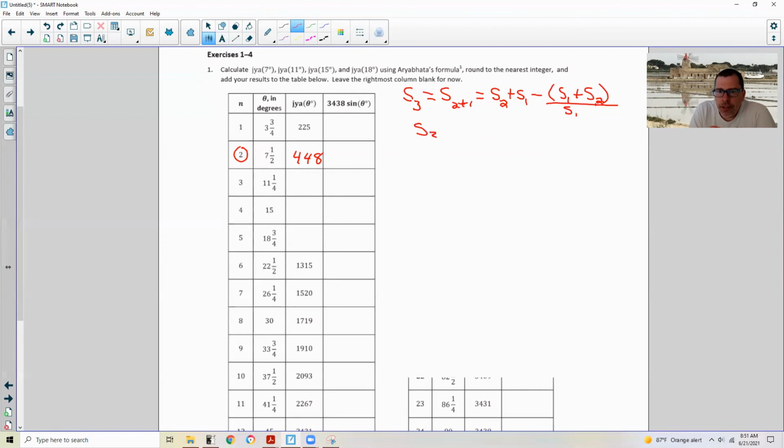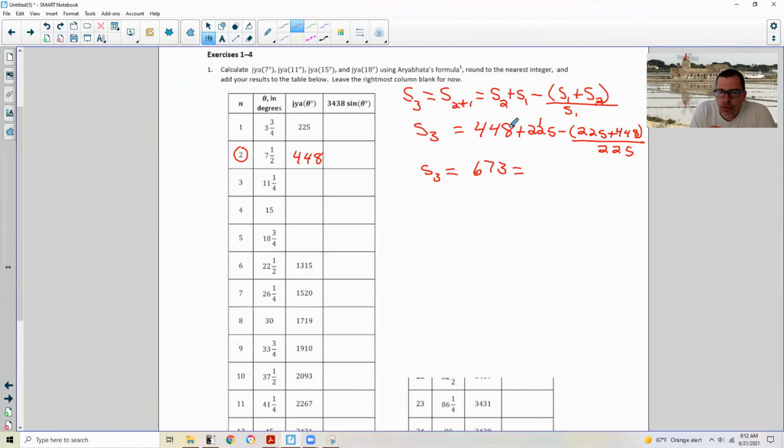So S sub 3 is going to equal S sub 2, which is 448, plus S sub 1, which was 225, minus S sub 1, plus S sub 2, divided by S sub 1. So S sub 3 is going to equal 8 and 5 is 13, 4 plus 2 is 6, plus 1 is 7, and 4 plus 2 is 6.